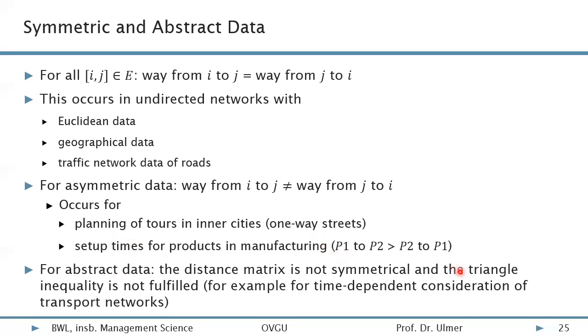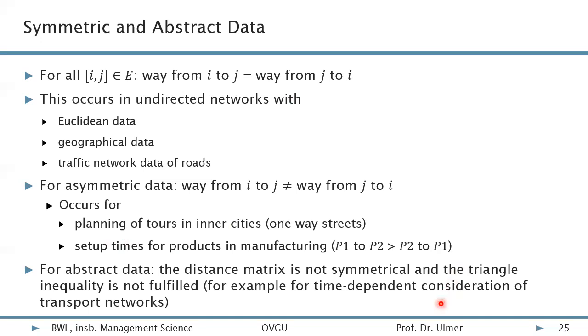It can also be that the triangular inequality is not fulfilled anymore. Here, as an example, is the time-dependent consideration of transport networks. If we look at a time-dependent network, maybe we have time-dependent travel times. If we do that on aggregated data in 1 hour, the travel time might be different than in another.